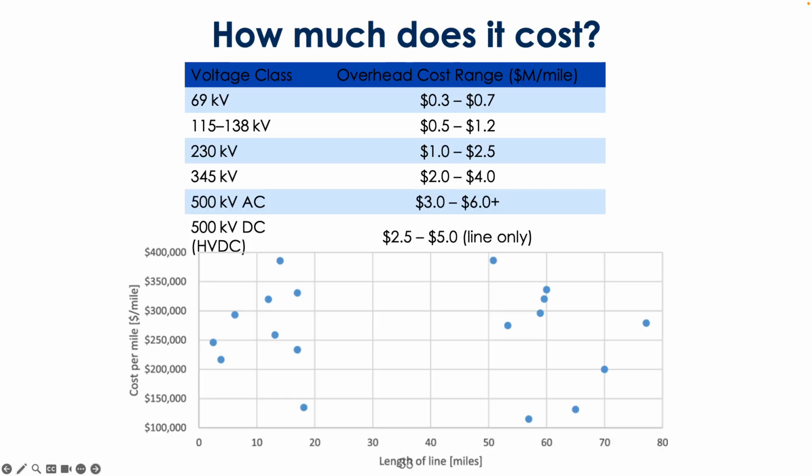So, for example, the 230 kilovolt, that's what we use a lot in California, the number that you typically hear is around $1 million a mile, okay? So this stuff is pretty expensive, right?